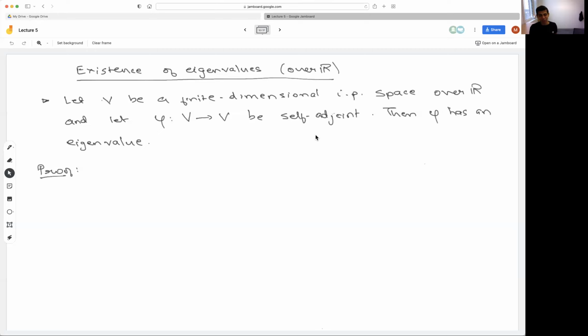And here we will need to use self-adjointness to say that when we get an eigenvalue at the end of the day, it will be a real eigenvalue because this complex action was just something we cheated and created. The vector space V was over the reals, so we should find real eigenvalues.